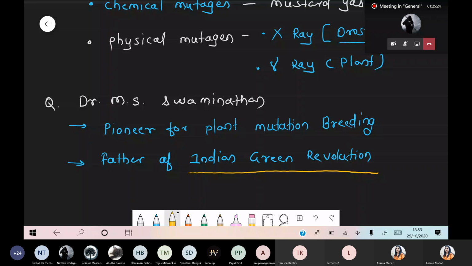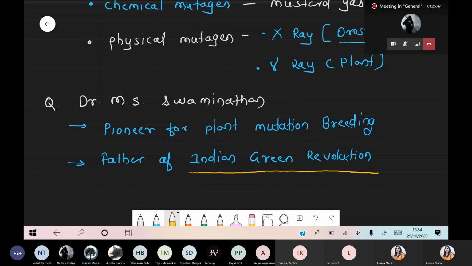Now there was development of hybrid wheat varieties, as well as some rice and wheat varieties, and the pioneer work related to mutational breeding is not possible if Swaminathan is not there. So whatever credit goes to the Green Revolution in India, all this credit goes to Dr. M.S. Swaminathan.